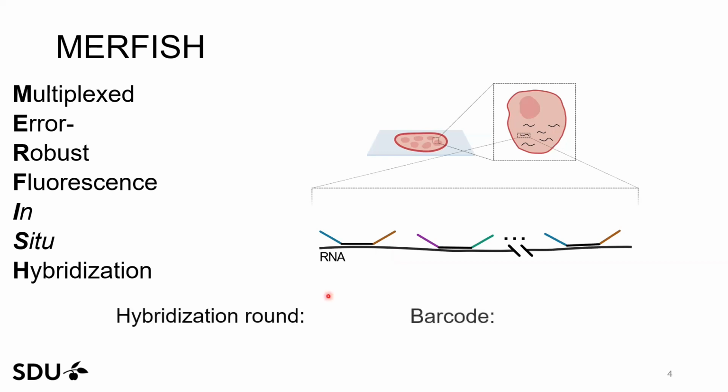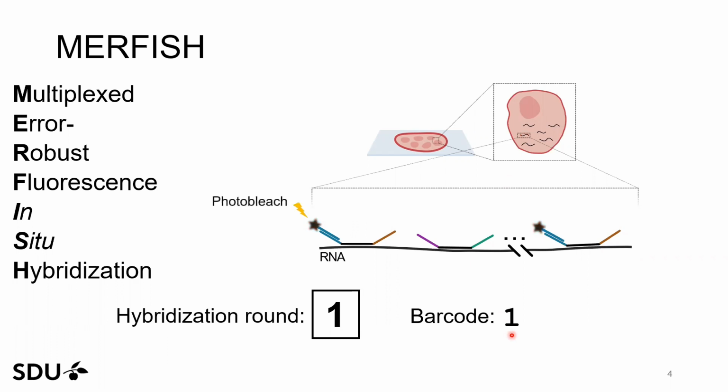And the way it's built up is through these hybridization rounds, which will give us a corresponding barcode. So for example, here in the first hybridization round, we flush in some fluorescent probes. They attach to the encoding probe on the RNA, and then it lights up inside the sample, and we can pinpoint the location of that. So this position will be given a 1 in this first position of a barcode because it's visible here.